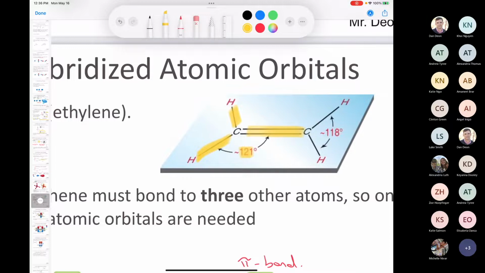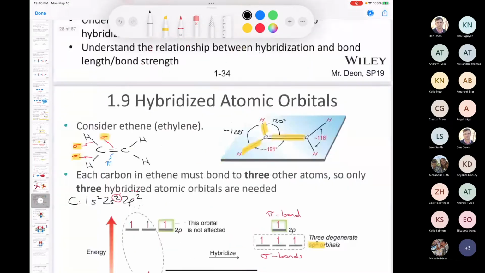You see, this is around 120, and this one's also close to 120. You don't have to memorize 121 and 118. As long as you say, Mr. Dion, I know this bond angle is about 120, that's perfect with me. Good enough for Mr. Dion, and good enough for our textbook.